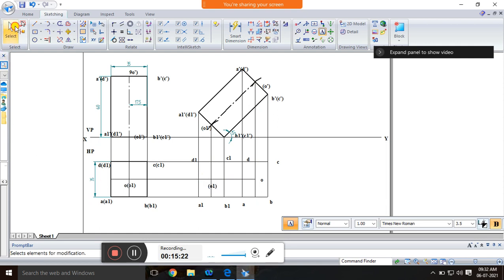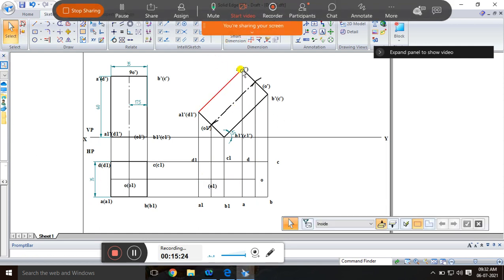Okay, so now if you see from the top, this face is completely visible, that's why ABCD is written open, and here this A and D is visible, but B1 and C1 is not visible, so that you should write in a bracket. So this should be in a bracket, C1 and this is B1.